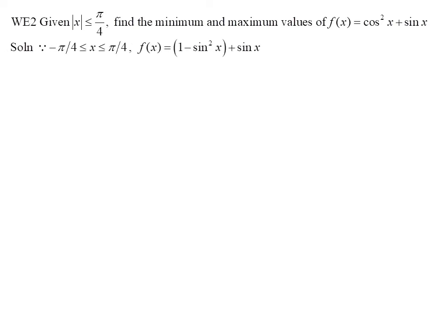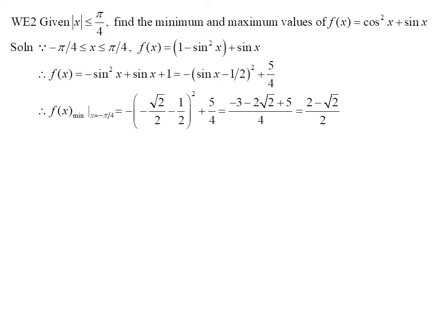Since the domain of the function is between negative pi over 4 and pi over 4, and according to the Pythagorean identity, the function is written as f(x) equals negative sine squared x plus sine x plus 1, which can be written in its turning point form, negative 1 times (sine x minus 1 over 2) squared, plus 5 over 4.